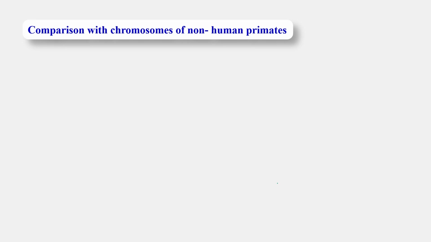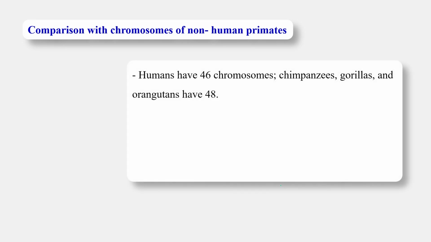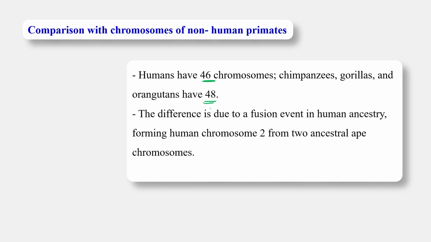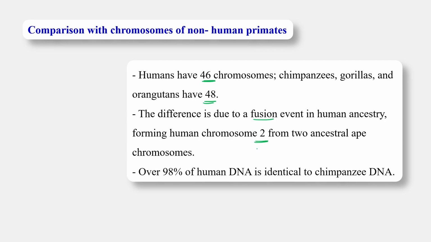Similarly, in comparison with the chromosomes of non-human primates, humans have 46 chromosomes, while our relatives like chimpanzee, gorilla and orangutan have 48 chromosomes, a difference of two chromosomes, right? The difference is due to a fusion event in human ancestry forming chromosome 2 from two ancestral ape chromosomes. Over 98% of human DNA is identical to chimpanzee DNA.